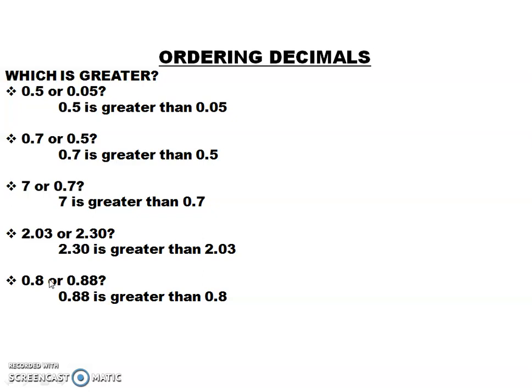So which is greater, 0 or 8? You will have 8 as the greater number. So what is the final answer? 0.88 is greater than 0.8. Or I can read it as 0.88 is greater than 0.80.